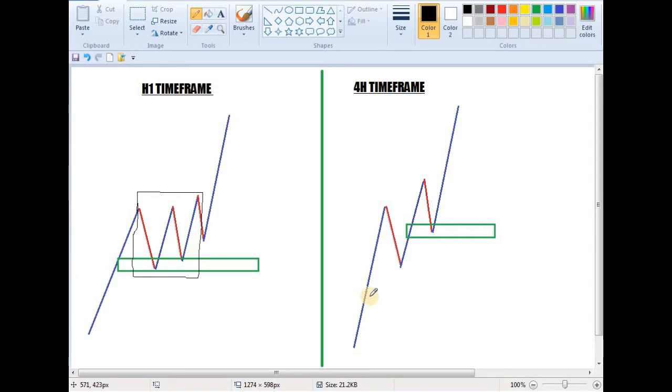But on the H4 time frame guys, we have rally, base, rally, and then the dealer just came back to take the orders at our order block and shift the market. So many people get confused here guys in the H1 time frame. This is what we want to give you a simplified explanation of, to know what to look for.